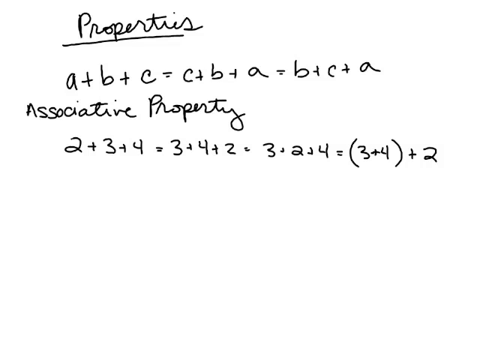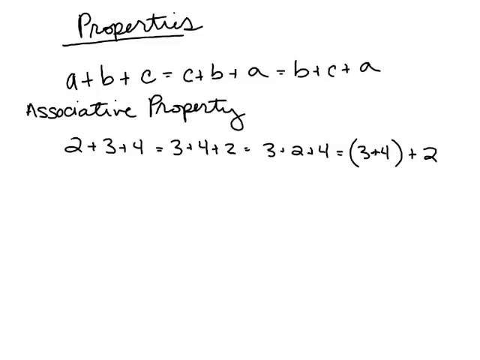Okay, so the associative property only applies to addition. Well, there's another one we'll talk about when we get to multiplication. Right now we're just doing addition. So this is addition. The associative property says you can change the order, rearrange.